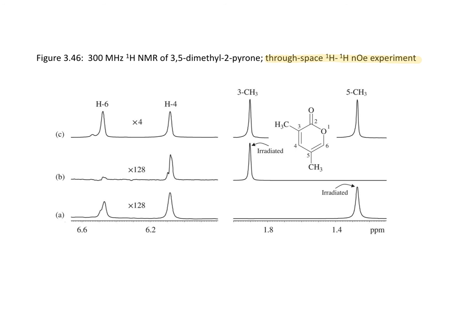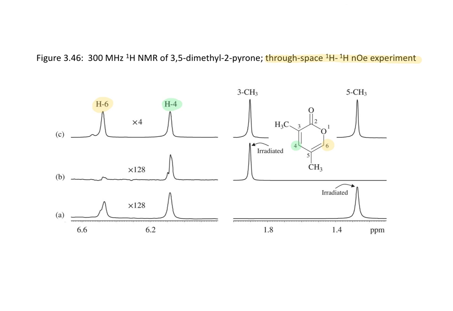The hydrogen at C6 is assigned as being downfield due to its bonding with the oxygen of the pyrone ring, with H4 being the other alkene singlet.